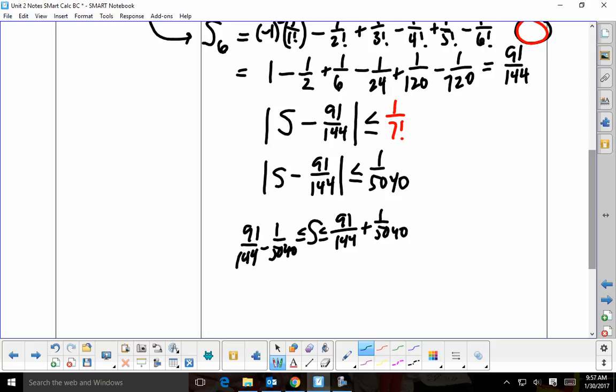Agreed? We could do that with our algebra, dropping the absolute value bars, doing a positive, negative. So our actual sum is somewhere in between those two values.